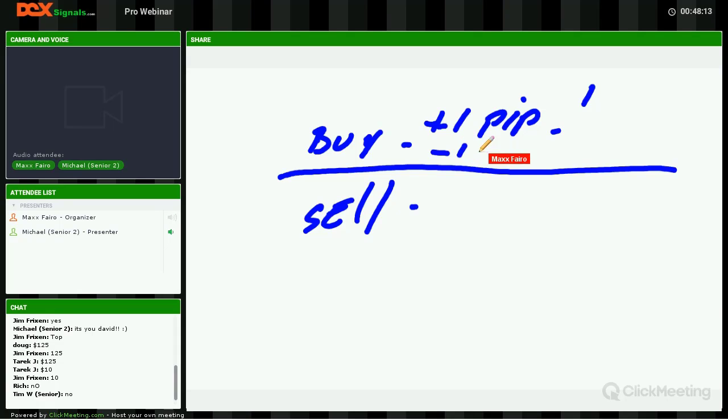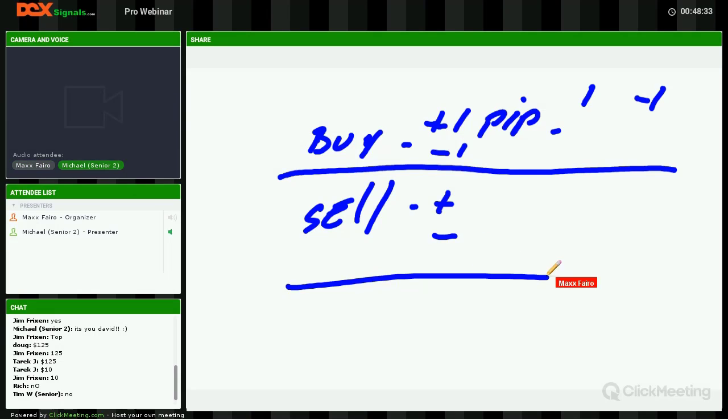So that goes up into the win column. But if it was a -1 pip, that would be a loss. So it would be -1 in the win column, right? Which would be 1 in the loss column, right? Does that make sense? Yep. And it's the same thing on the sell side. You either give it a plus value if you won on the sell, or a minus value if you lost on the sell.